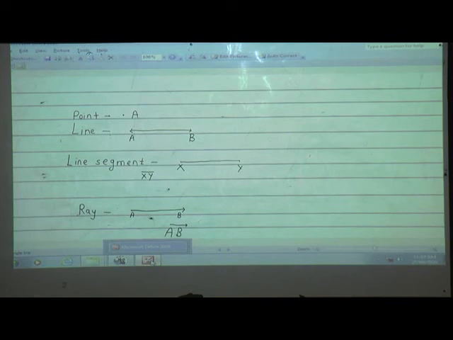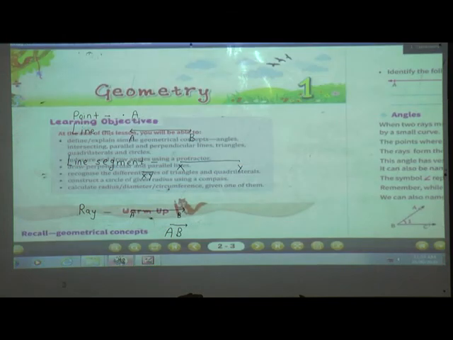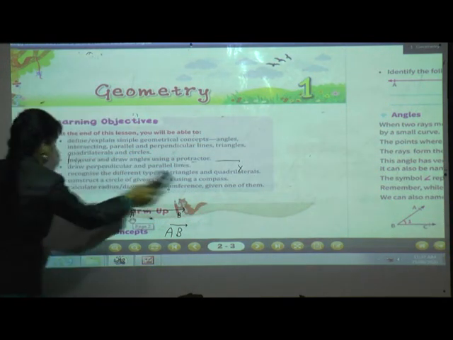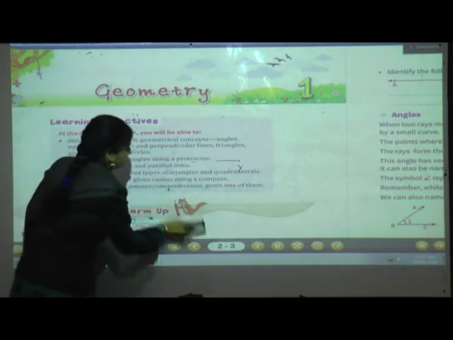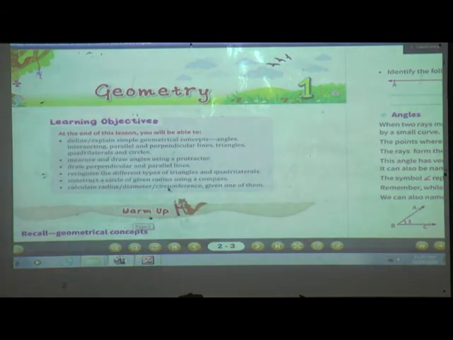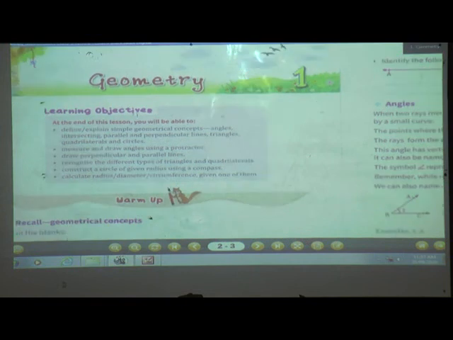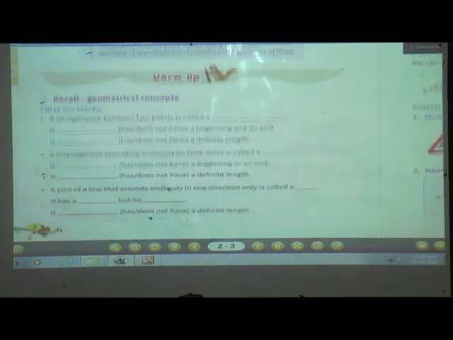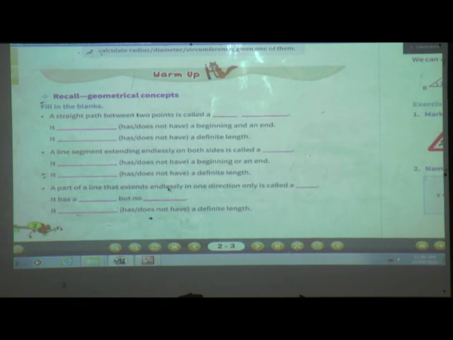So I just want to check your previous knowledge. So we just take one recall. See students, open your book, page number 2. Here are some fill in the blanks. So give me the answer.